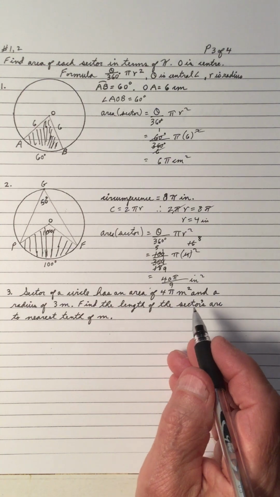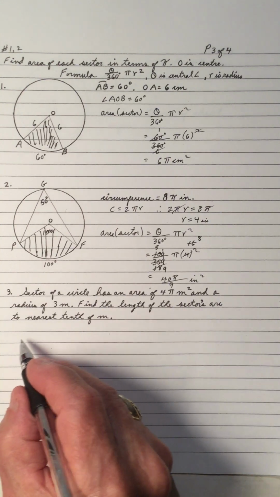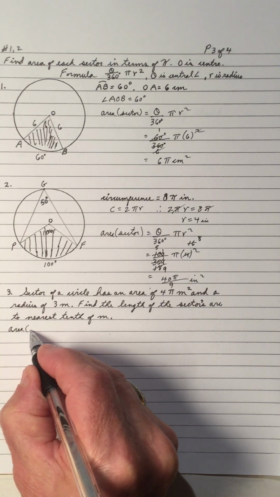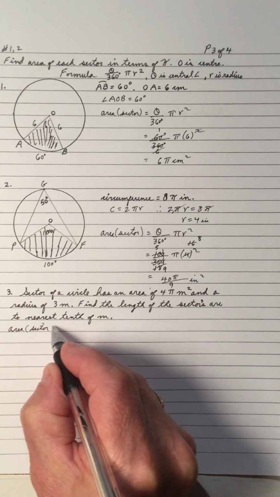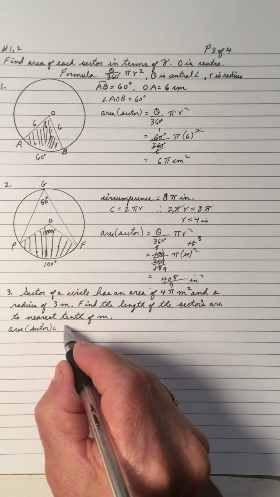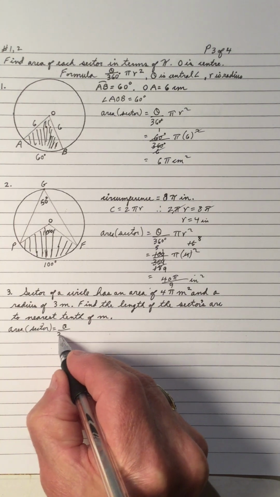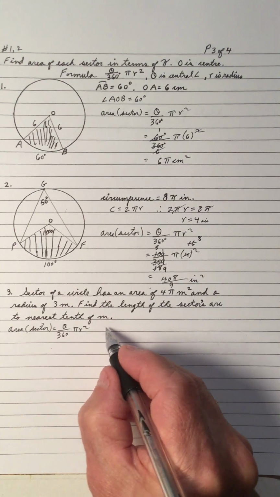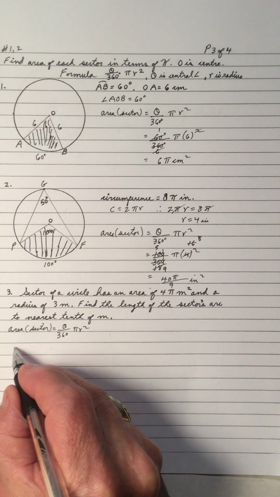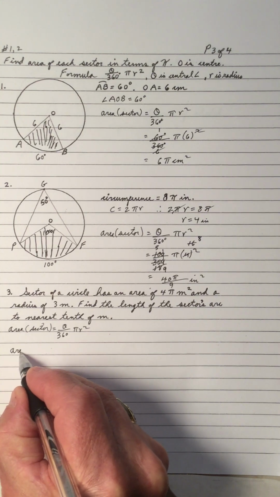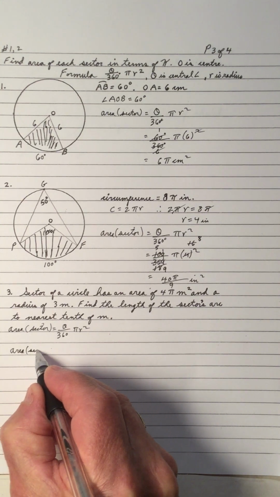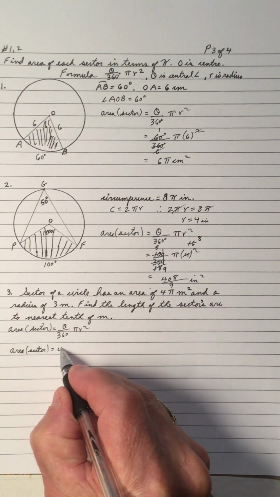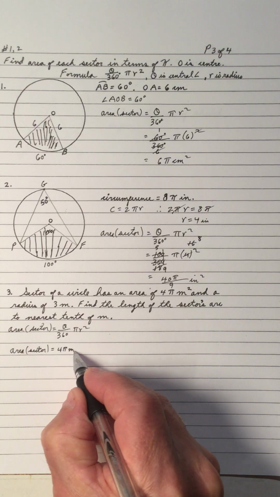So let's see, the area of a sector is theta over 360 pi r squared. But the area of the sector is given as 4 pi meters squared.